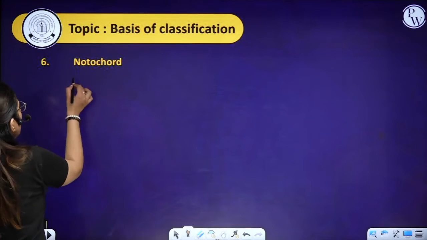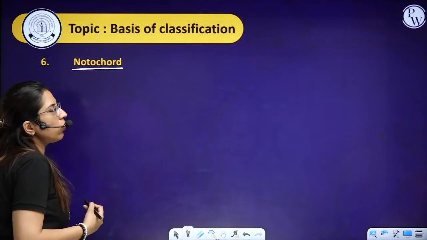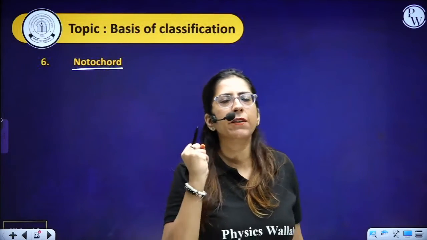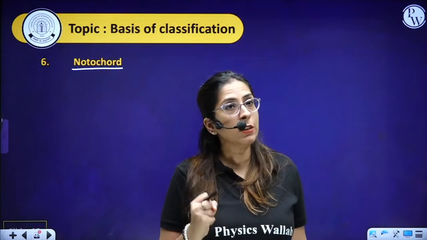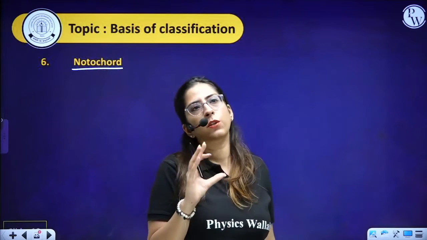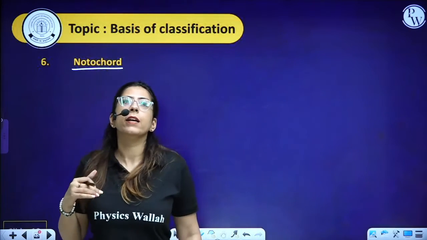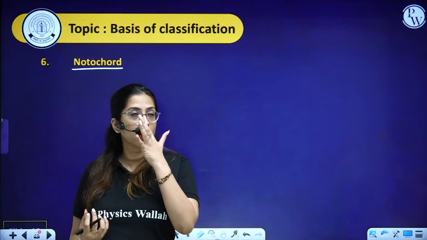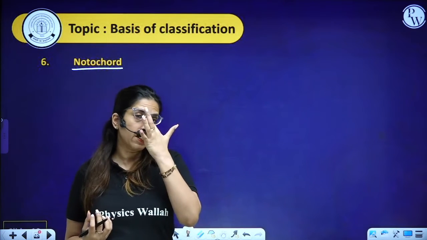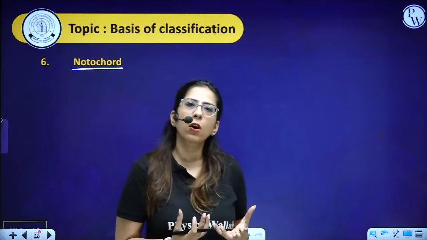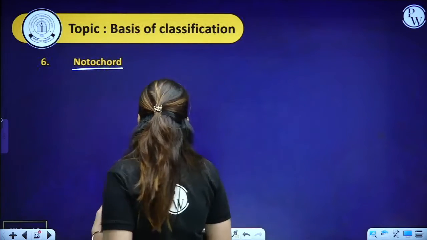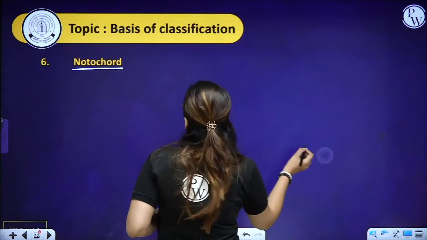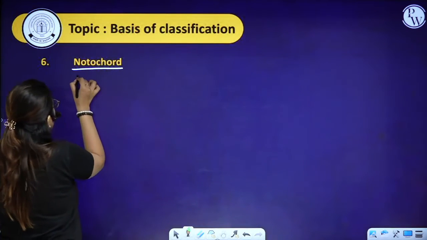That is the notochord. So what is notochord? Notochord is a mesodermally derived structure. Yes, this is a mesodermally derived structure, and if it is present, that group of organisms is termed as chordates. If it is absent, they are termed as non-chordates, right? What do we call this?